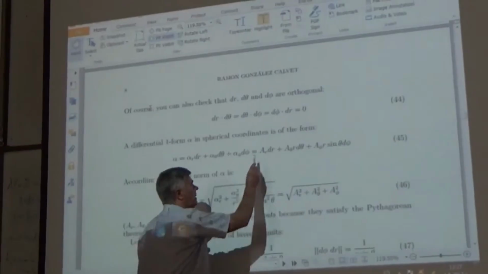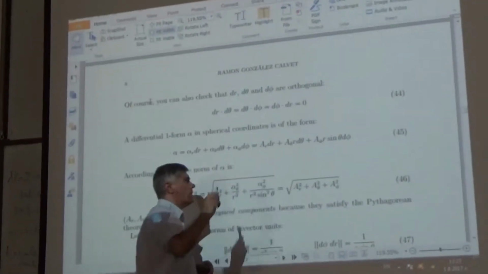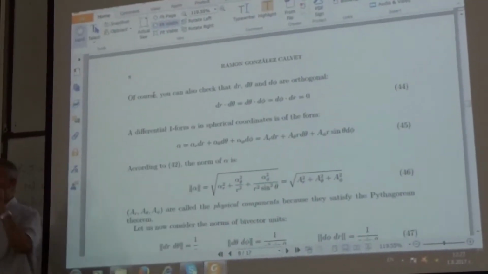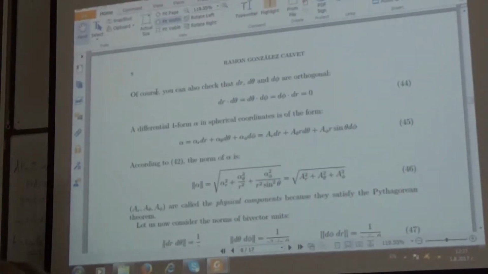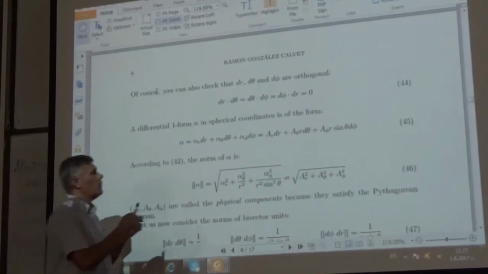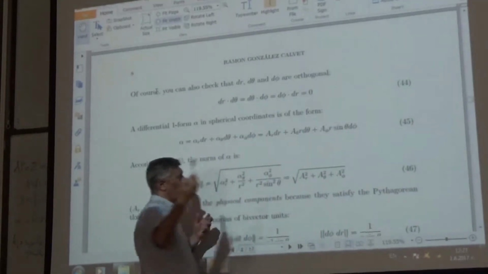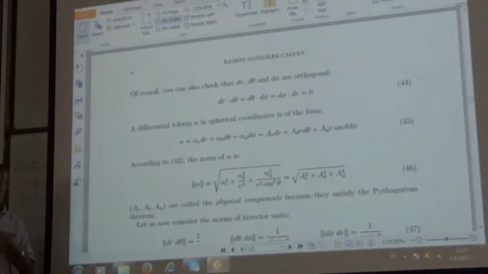These are the physical components, which mean the components of the corresponding vector, but taking into account the metric. In this case, for Euclidean space, these physical components coincide with the components of the corresponding vector, but only in this Euclidean space.